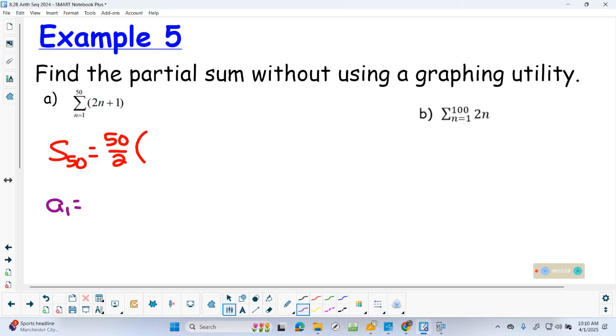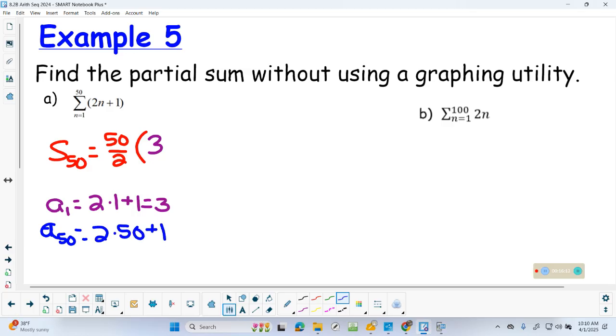I'm going to put a 1 in for n like we've been doing since day 1. All right, 2 plus 1, 3. You need the 50th term. That's an A, a sloppy A. So I'm going to do 2 times 50 plus 1. Okay, 2 times 50, 100 plus 1. Got it.